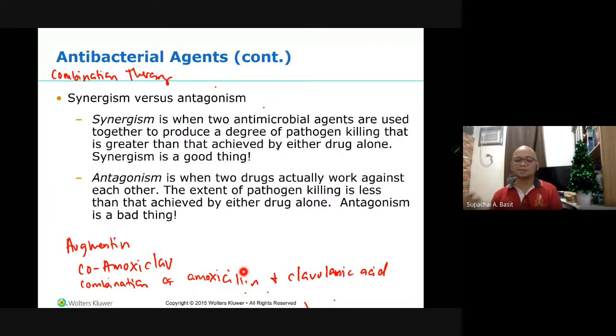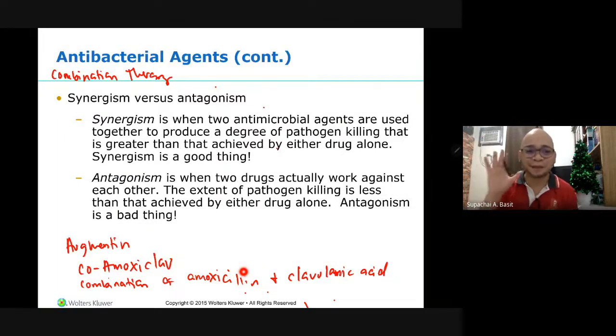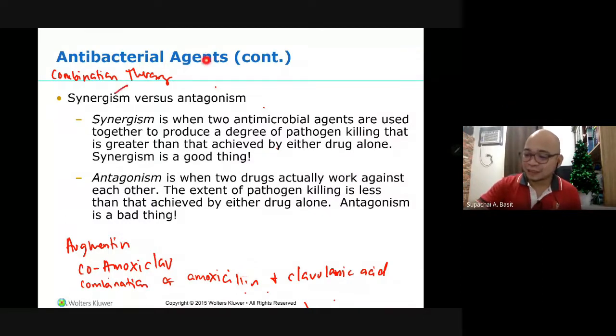And this combination is actually said to be effective. Now remember, if the combination is effective, we call it synergism. So synergism simply means effective combination.